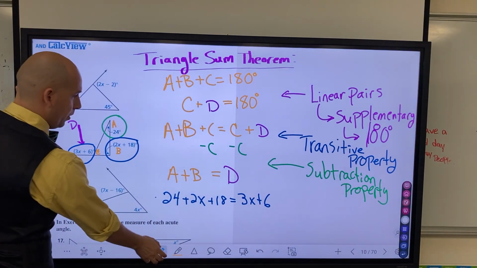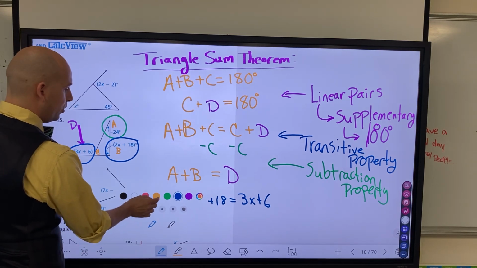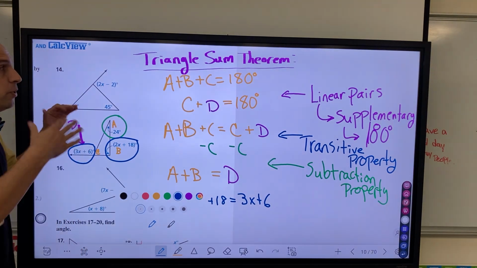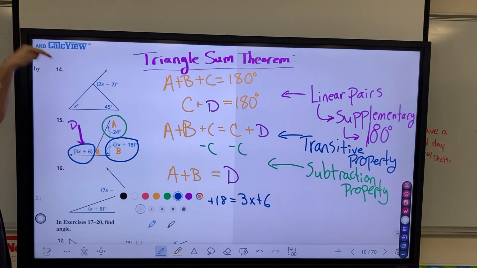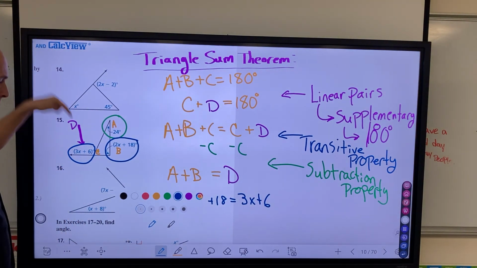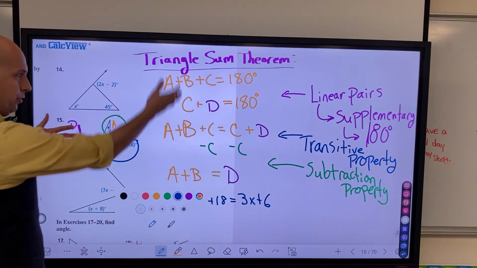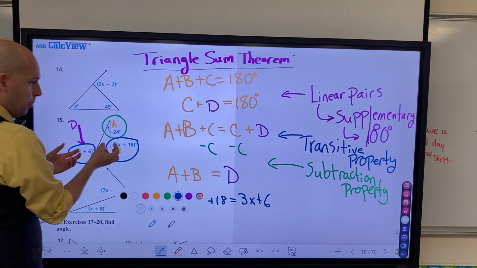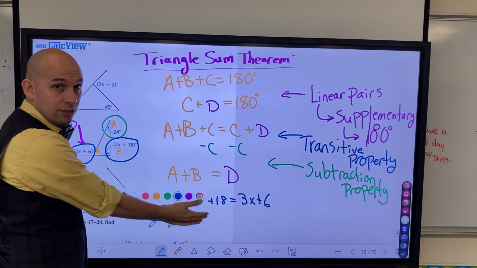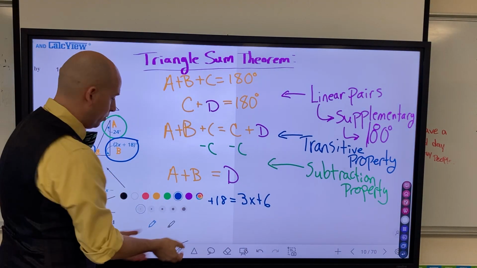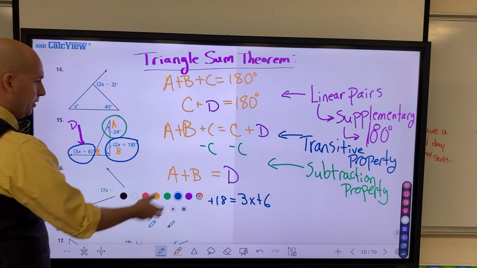There's my substitution property. How did you know to use a substitution property? Because you can't lose sight of what your end goal is. Your end goal is to find that exterior angle. And the way I'm going to find that exterior angle is I use these properties to come up with some sort of expression that I can solve, because we've been solving expressions since hopefully before 6th grade.